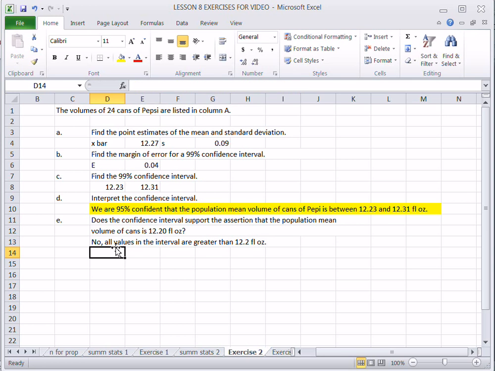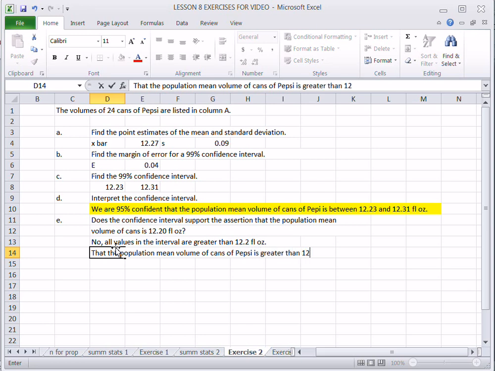Actually, what we can say is that the confidence interval supports that the population mean volume of cans of Pepsi is actually greater than 12.2 fluid ounces.